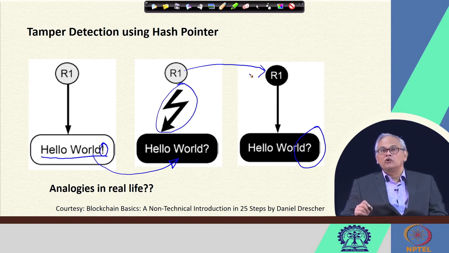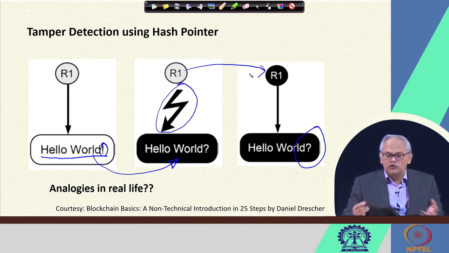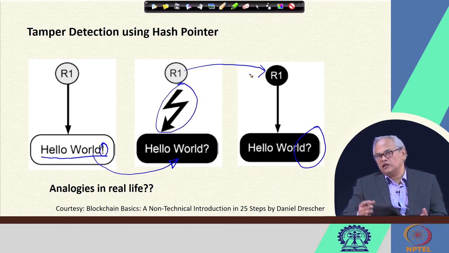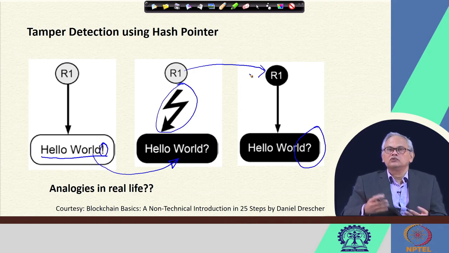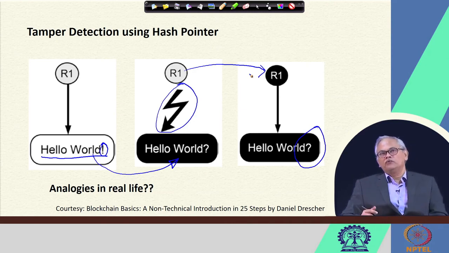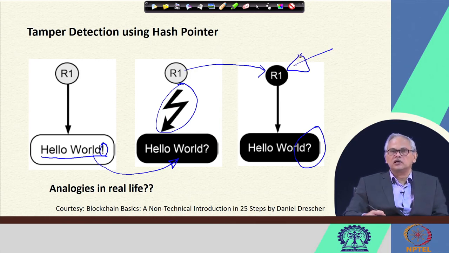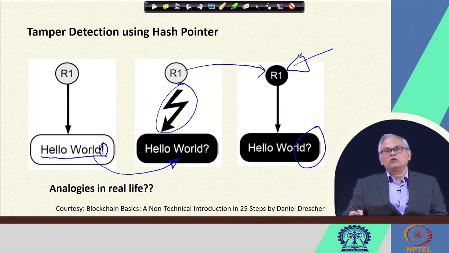Now, if I want to figure out whether there was any tampering of the data, not knowing that this R1 in the gray circle has been changed to this R1 in the black circle, I will follow this hash pointer on the right, get hello world question mark, and then apply the hash function on it.